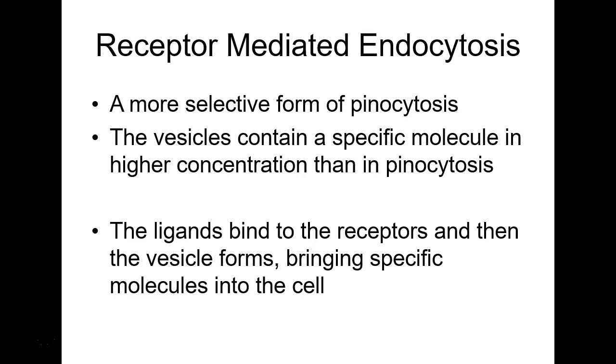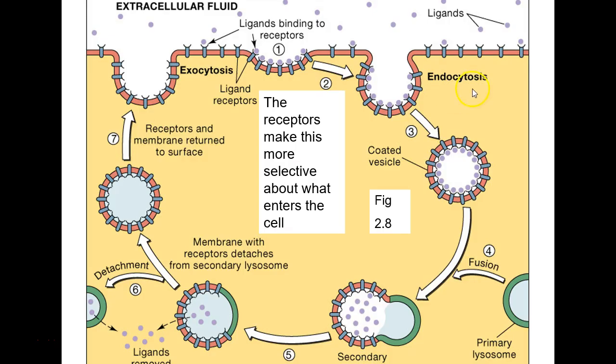Receptor-mediated endocytosis, it's a selective form of pinocytosis. The vesicles contain a specific molecule in higher concentration once it invaginates and brings it in. Say there's something specific out there that you want. Okay. Ligand or ligand, I've heard it pronounced both ways, generic for just whatever kind of molecule. Say this is a specific ligand and it's specific for this type of receptor.